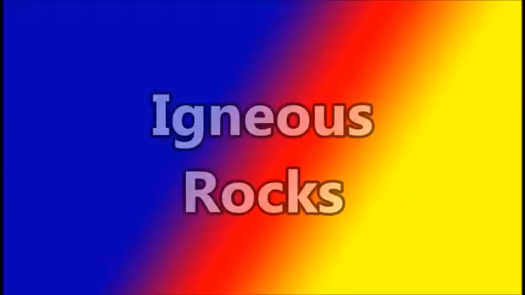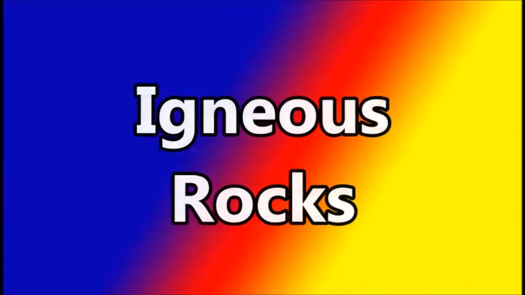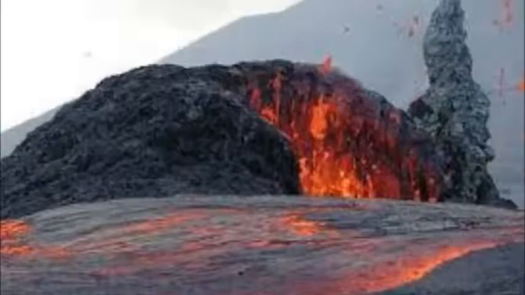Igneous rocks. The word igneous means fire, derived from the Latin word ignis or Sanskrit word agni. Igneous rocks are those which have been formed by the cooling of molten matter of the earth.